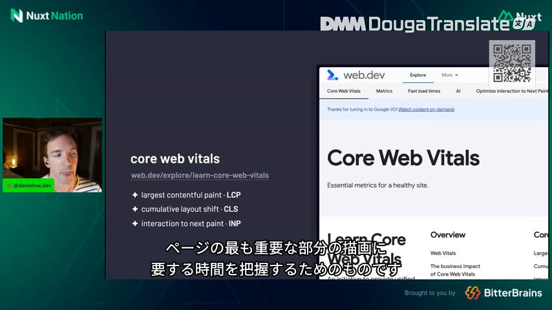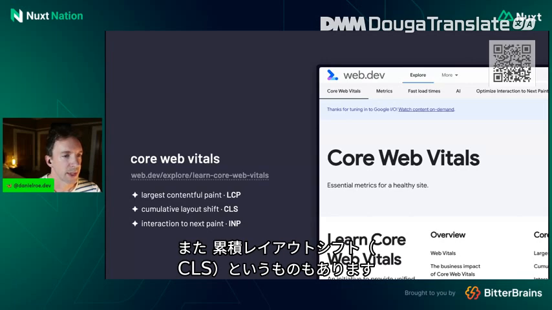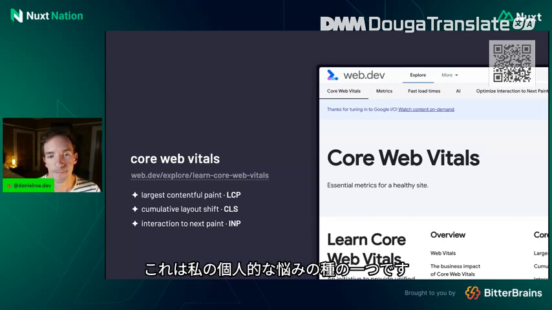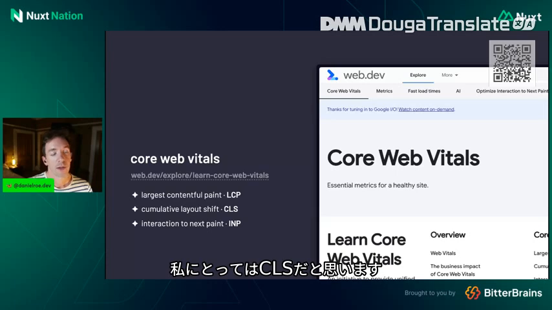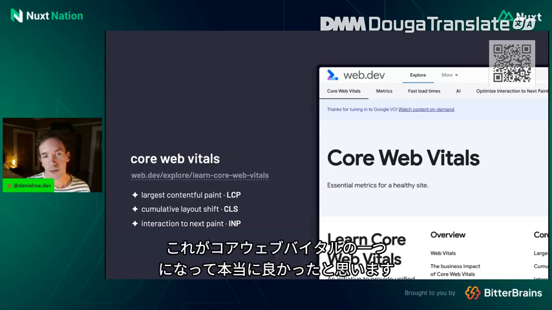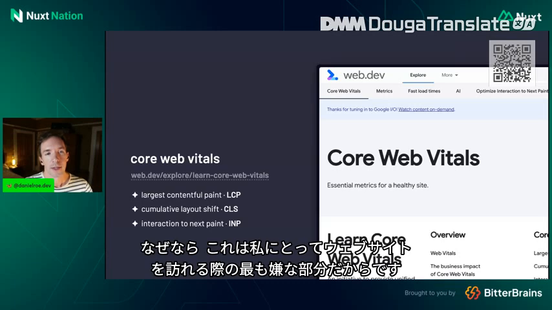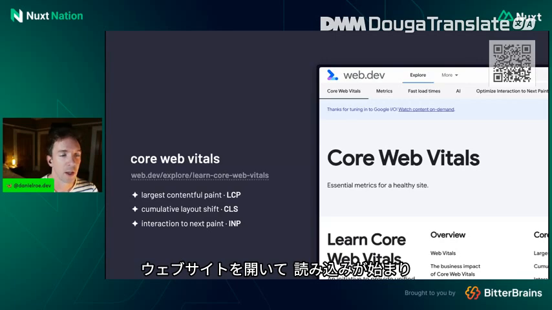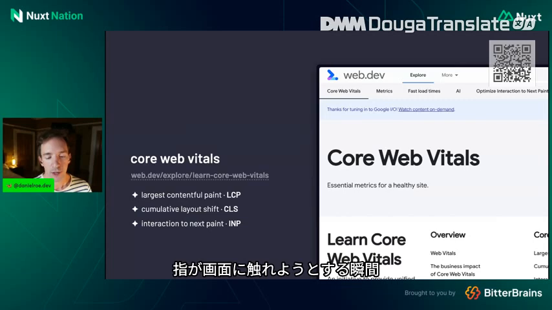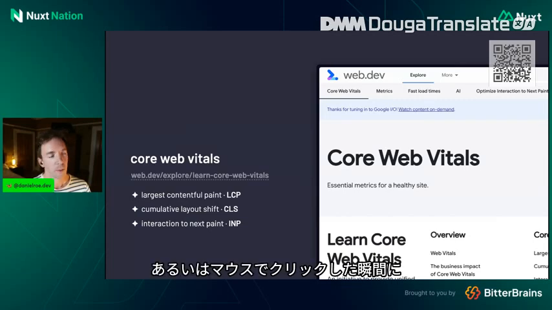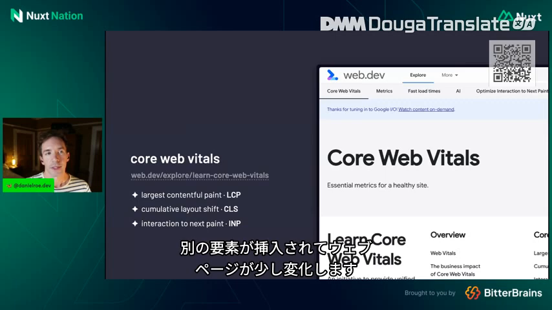This is meant to capture how long it takes to render the most important bit of the page. There's also cumulative layout shift, or CLS, and this is one of my personal bugbears. I don't know what your least favorite Core Web Vital is, but I think cumulative layout shift is mine. I'm so glad it's a Core Web Vital, because this is the least favorite bit of navigating to a website for me, where you open the website, it loads, you click a button or something, and just as your finger is about to touch the screen, or your mouse has clicked, something else slots in and the web page is changing a bit.